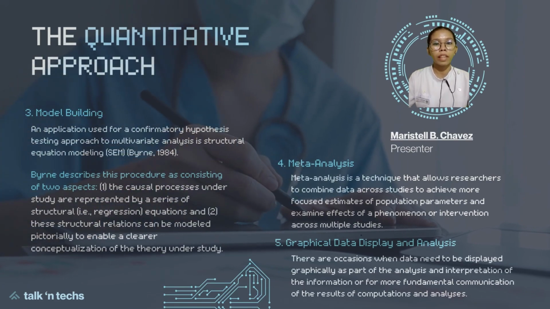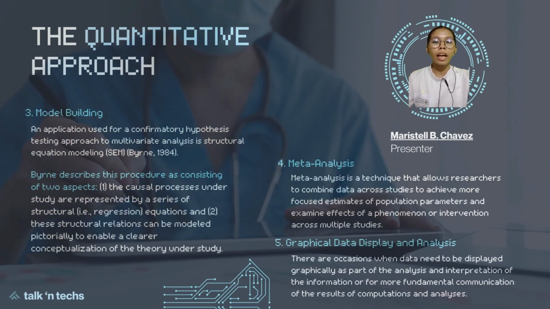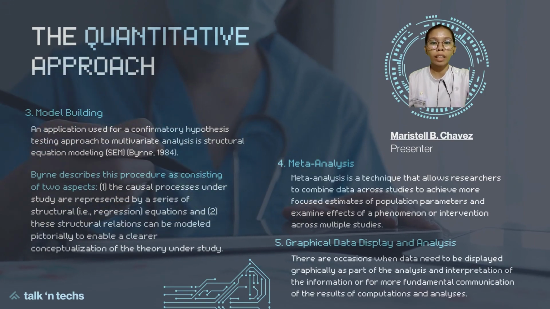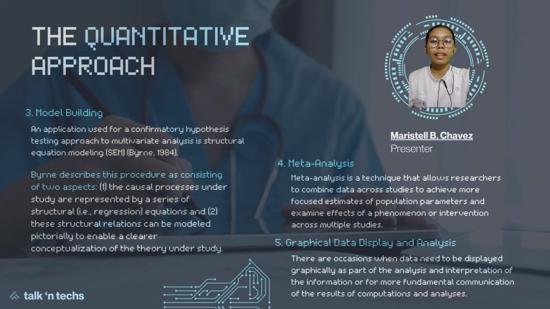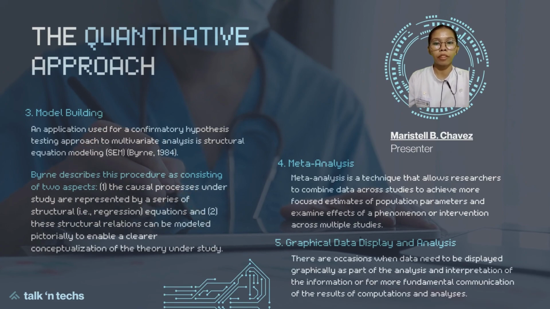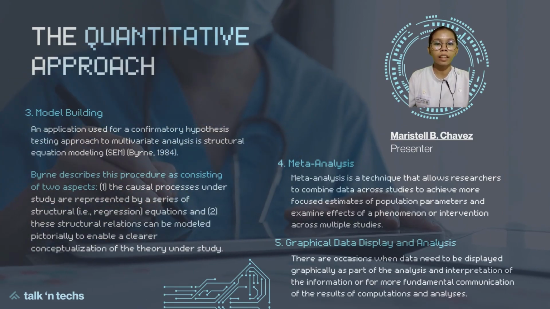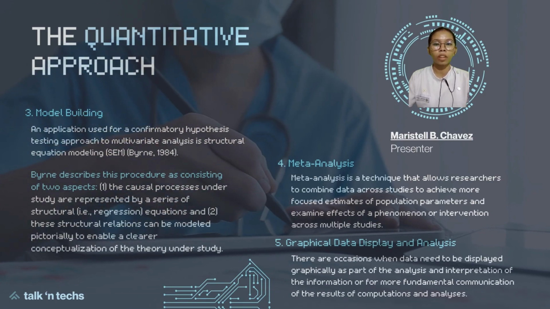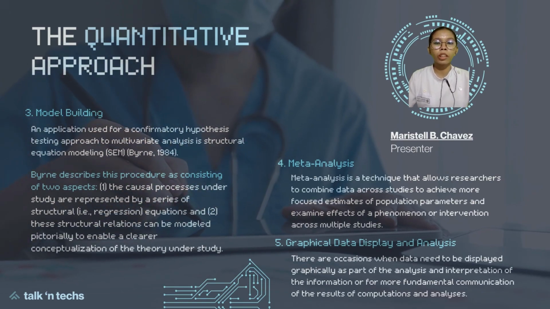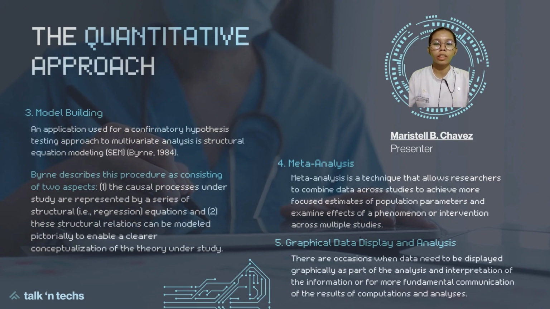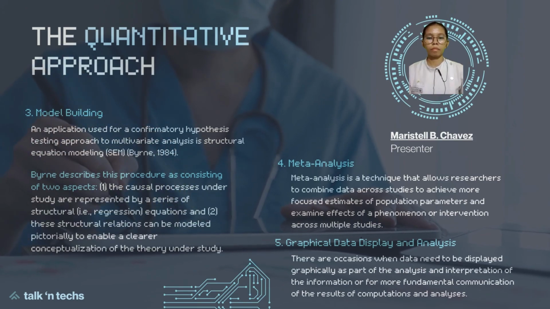Two, these structural relations can be modeled pictorially to enable a clearer conceptualization of the theory under study. The model can be tested statistically in a simultaneous analysis of the entire system of variables to determine the extent to which it is consistent with the data.